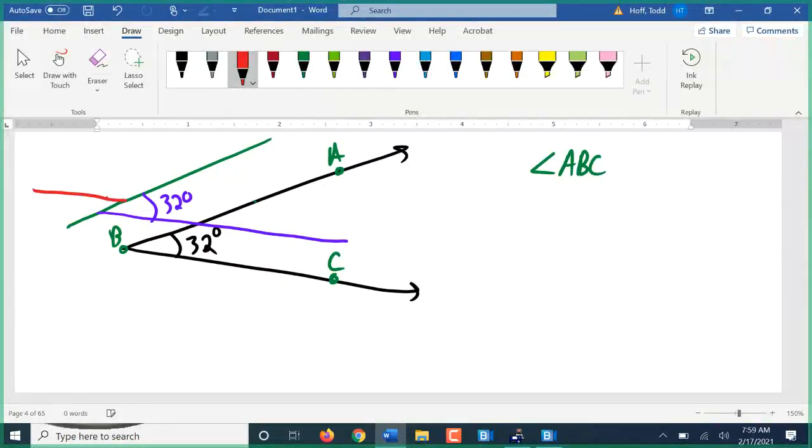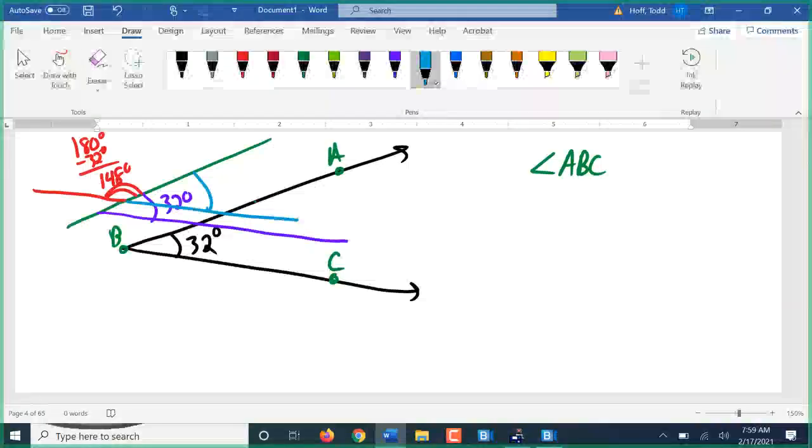What does this angle have? 180 minus 32 or 148. Because if you think about it, if I continue down in this direction, this angle would still have to be 32, right? That has to be the supplement.